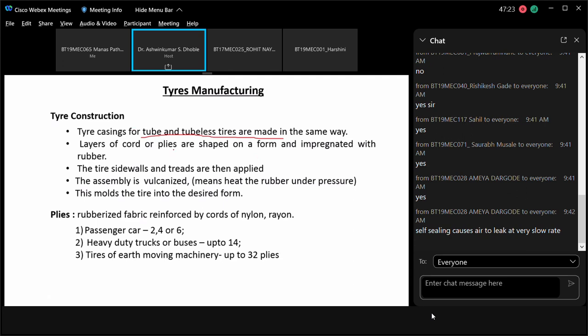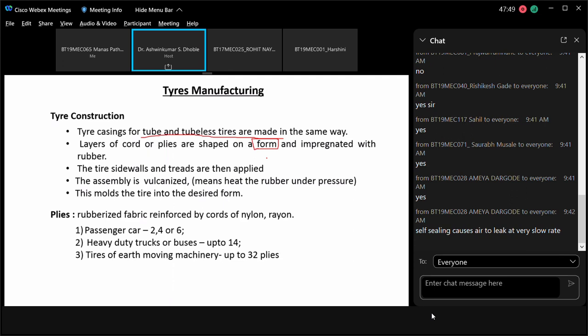Layers of cords or plies are shaped on the form. Form means basically which kind of tire you want. That initial shape is there, so you just have to impregnate it with the plies or the cords which are impregnated with the rubber. That means rubber coated plies have to be laid over this particular form.